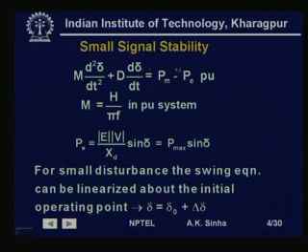So, what we are saying is we are linearizing this expression for the dynamics of the synchronous machine about the operating point delta 0, and we are considering small perturbations, that is the change in delta, delta delta, is small, and therefore, we will use the linear relationship.